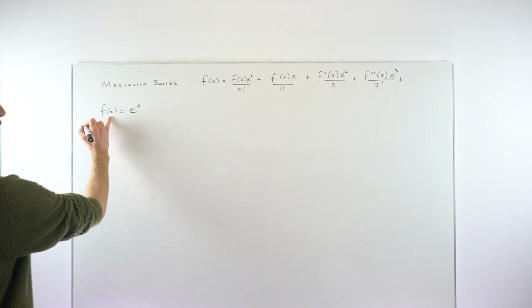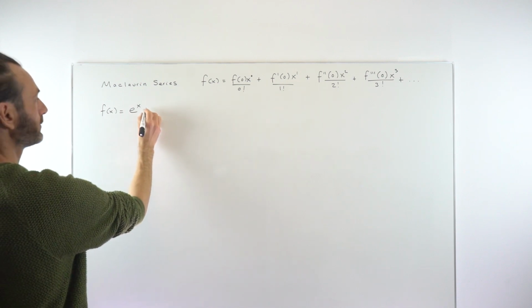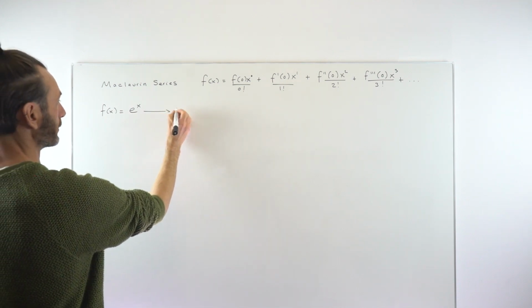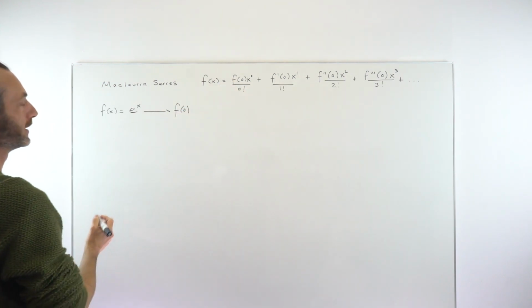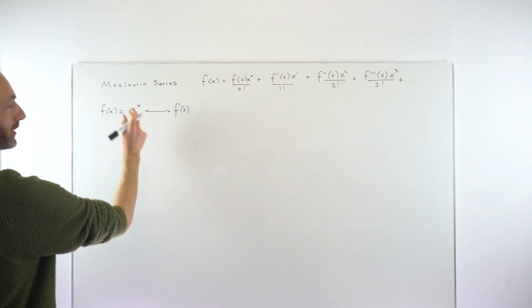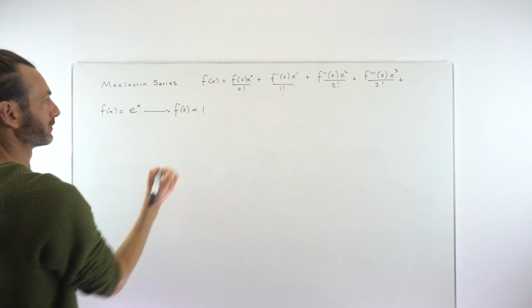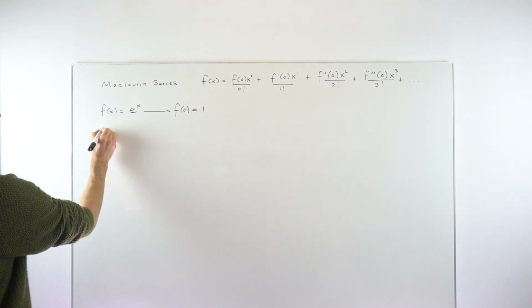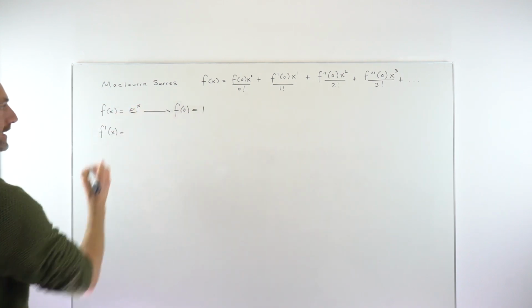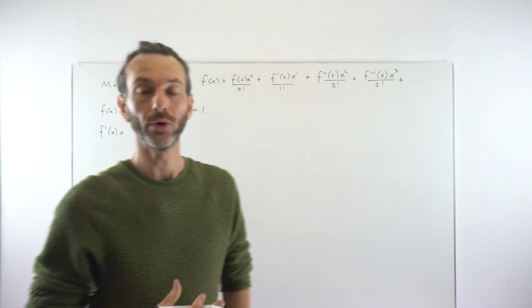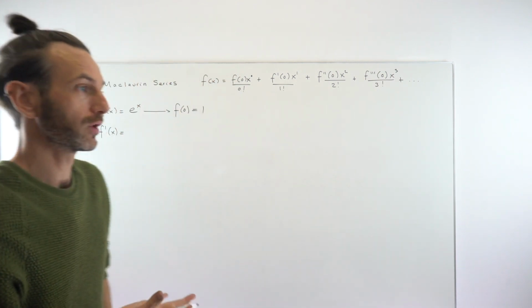So f of x, our starting function, is e to the x this time. And we're just going to start by plugging in a 0 to get f of 0, just for our first coefficient. Anything to the power of 0, so e to the power of 0 is 1, so that just becomes a 1. So this one's really easy because you may remember that when you differentiate the exponential function e to the x, it is just e to the x.